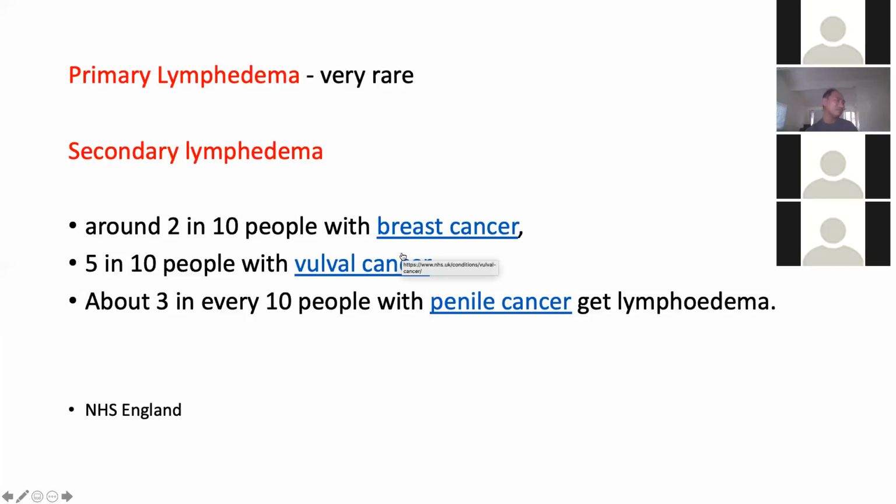On top of that, after many problems, it's really depressing. And with penile cancer, about 30%, 3 in 10 patients will get lymphedema. So just be mindful of the lymph nodes and their draining region.